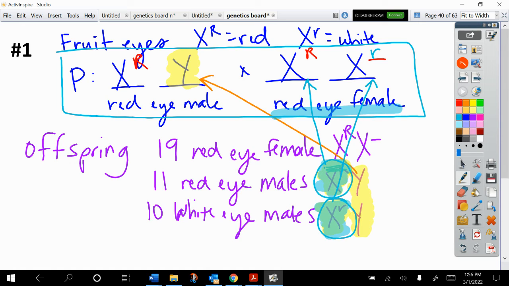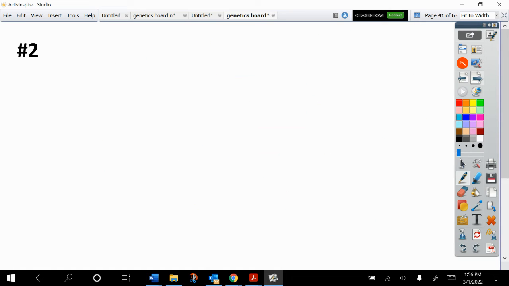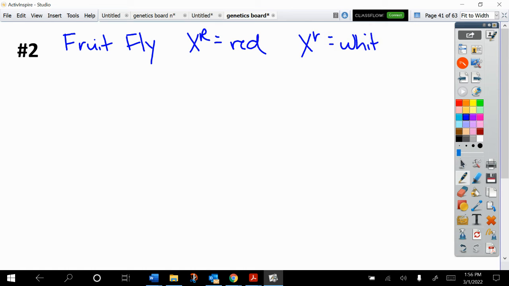Let's go ahead and take a look at example 2. So we're still looking at fruit flies, and we have X capital R is red eyes, and X lowercase r is white eyes. In this example, we're looking at what are the probable genotypes of the parents, when we get the following offspring.